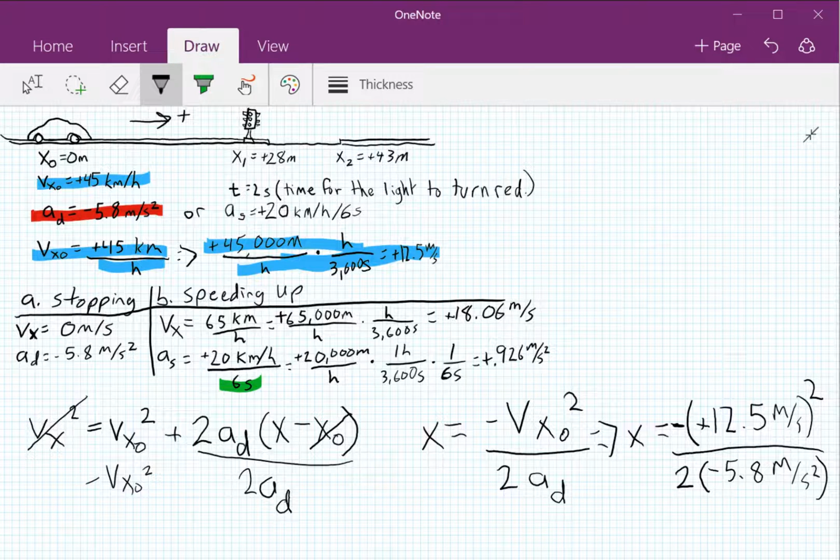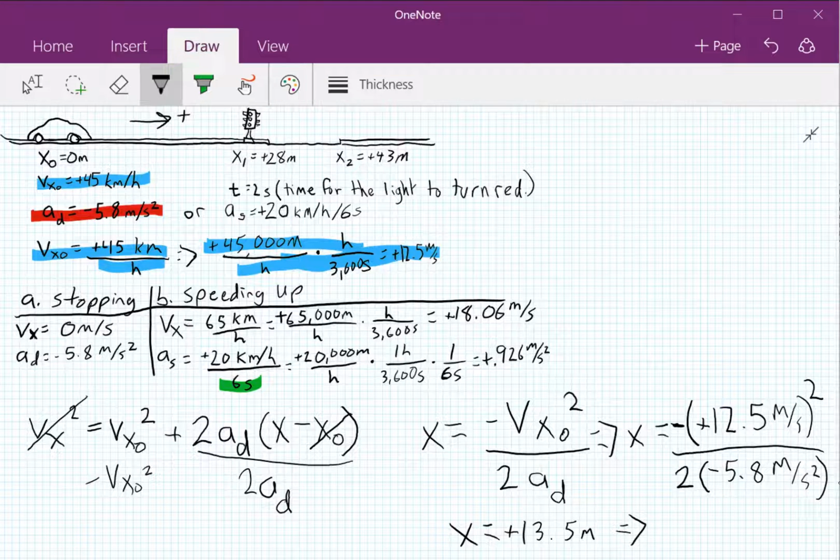Okay, so x will be a positive 13.5 meters, which you would round to 14 because you only need 2 sig figs in this case.